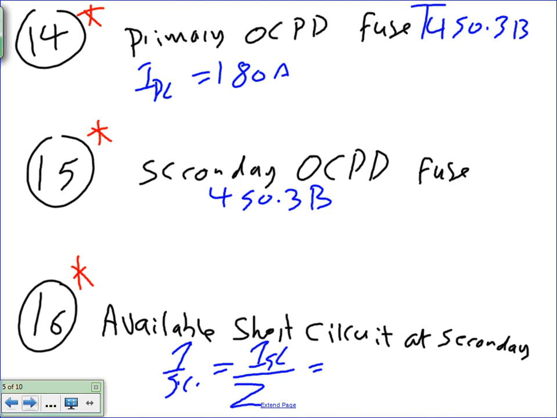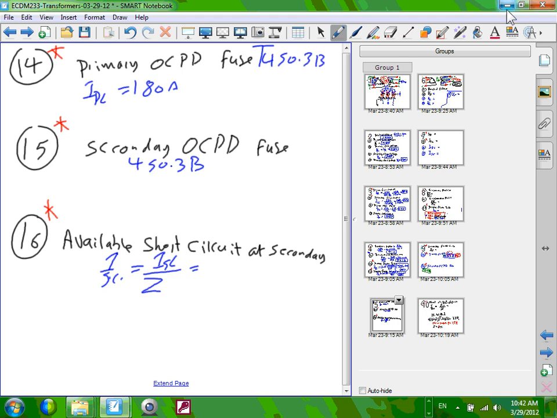When we size fuses and cables, we always use the line voltage and the line current. So what's the amp? 180. If you go to the table 450.3(B) for fuses, I'm going to have primary and secondary protection. So let's go quickly to this table.